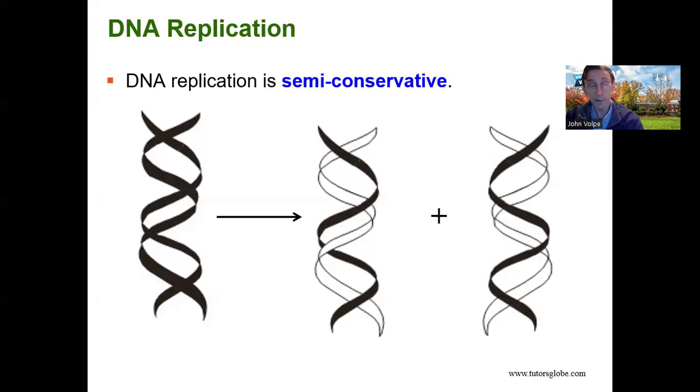This is opposed to the conservative model, where one daughter cell would get two black strands, and the other daughter cell would have two white strands. The conservative model of DNA replication does not happen. DNA replication happens by the semi-conservative model. And don't ask me what the liberal model would be, because I don't know. Any questions about any of this?